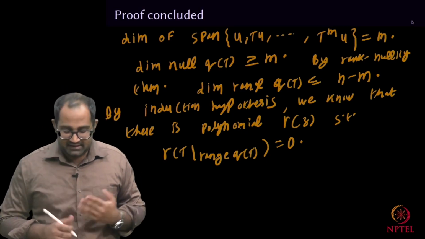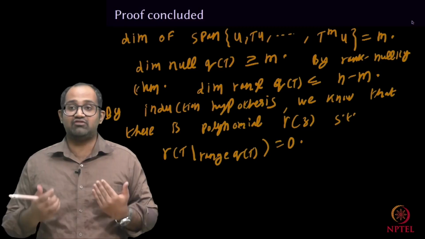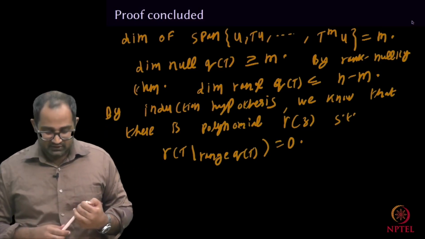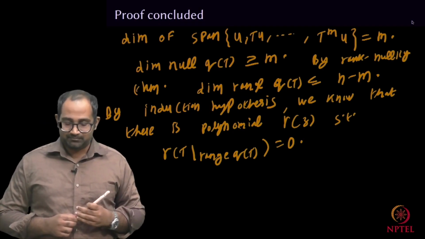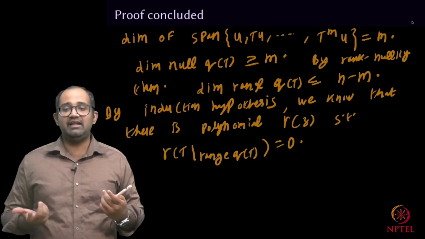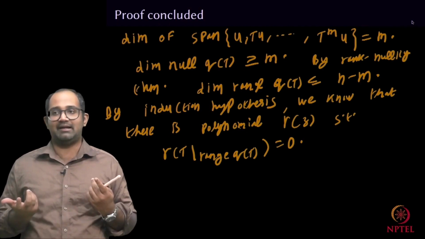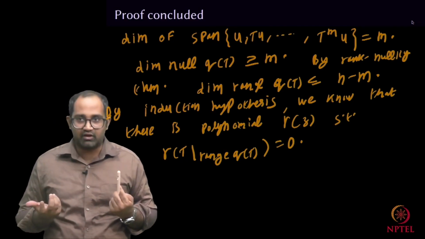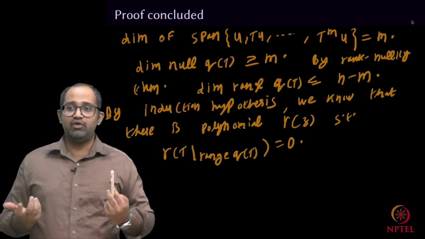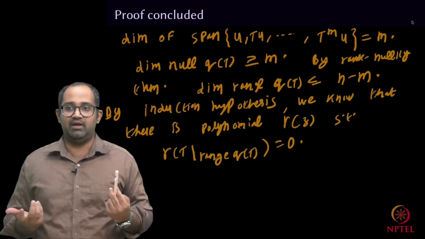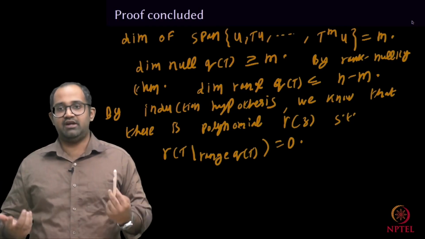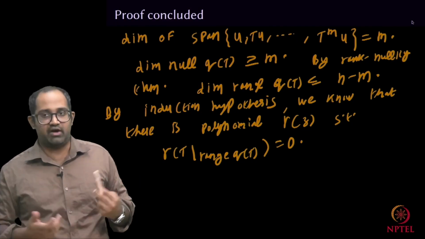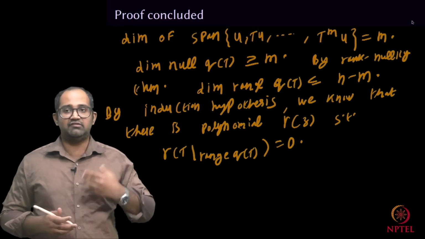So range of Q of t is actually an invariant subspace of t, and the dimension of the range of Q of t is strictly less than n, simply because m is at least 1, because we chose u to be non-zero. Therefore, you can find a polynomial such that t restricted to range of Q of t gets destroyed by R.